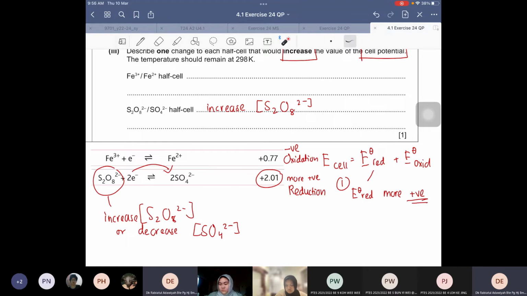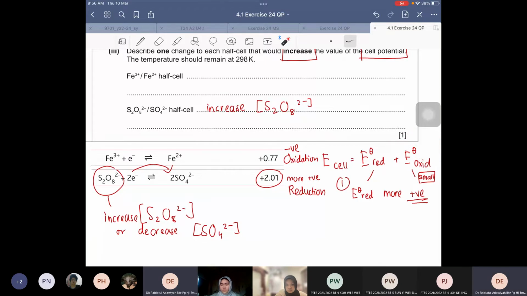We want our oxidation to be small, because it will be a negative number here. If you put in negative 0.77, you want this number to be small.